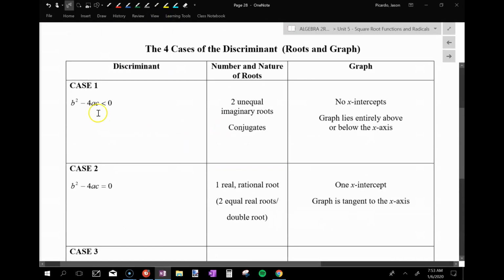If the discriminant is, ready? Write this word down, negative. If the discriminant is negative, then that guarantees you imaginary roots. Guarantees it, right?